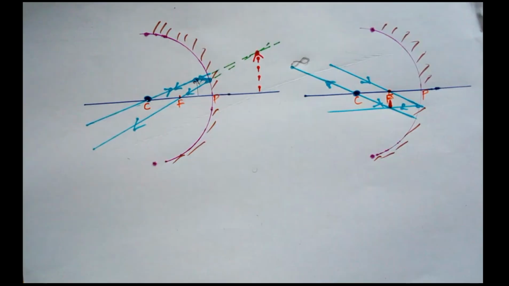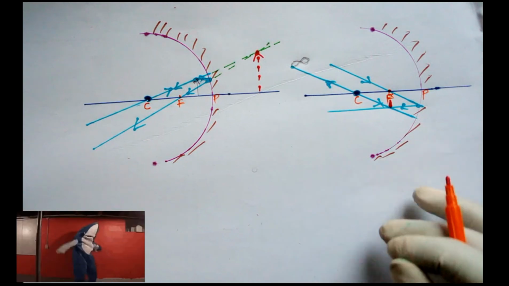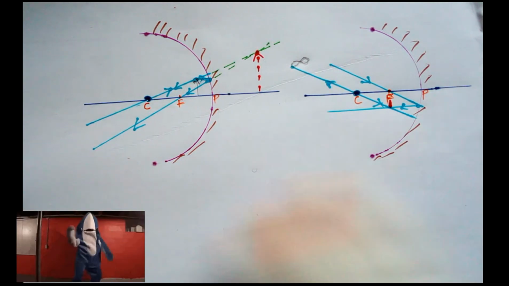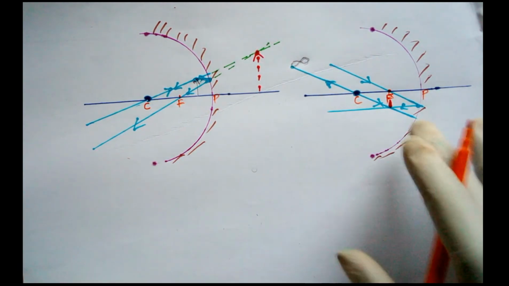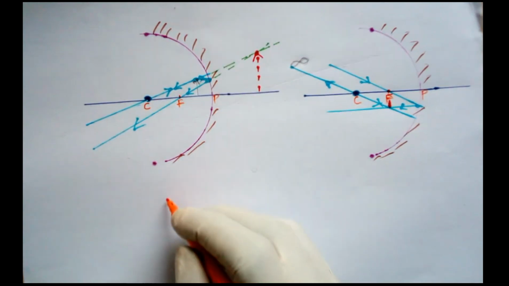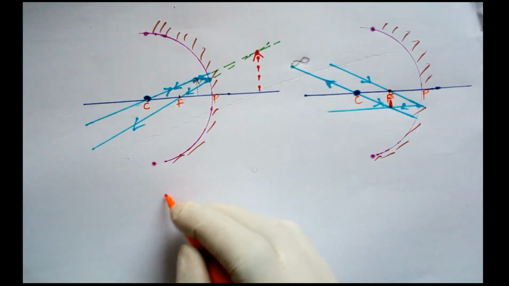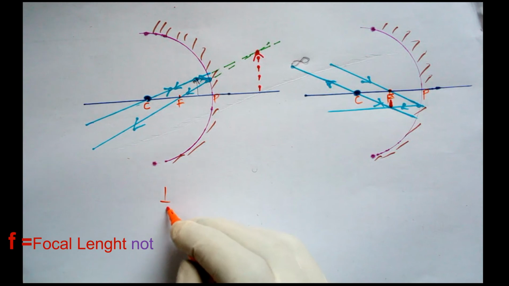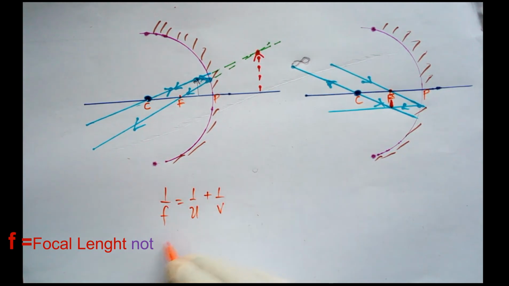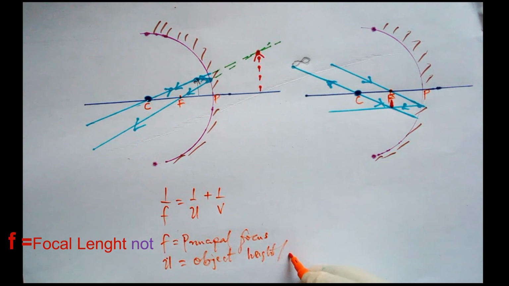So two formulas will be needed to solve any problem presented to you in terms of ray diagrams. The first is the mirror formula, which is 1/f = 1/u + 1/v, where u is the object distance and v the image distance.